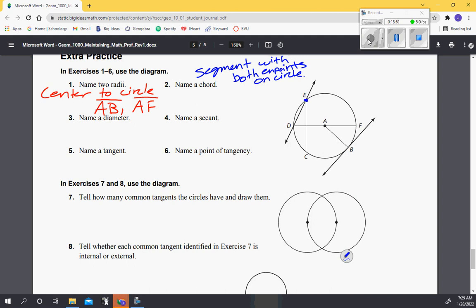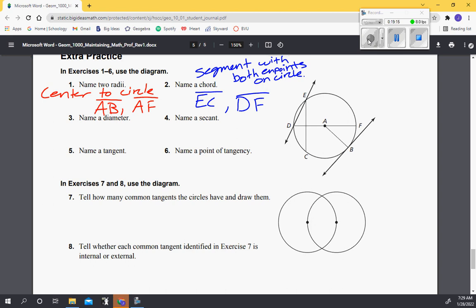So an example would be EC, this line here, EC. Another example would be DF. But there are no other examples other than those two.